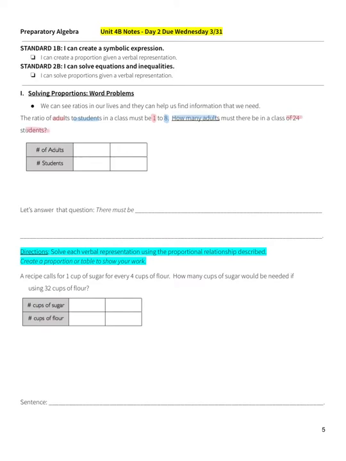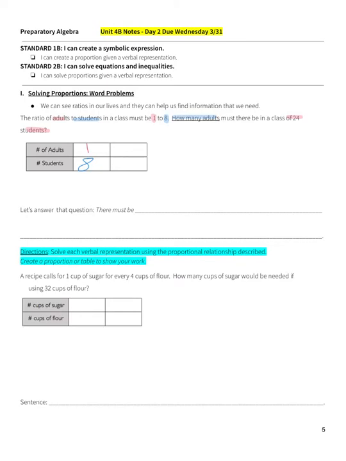We first of all know what it's asking. That's our unknown. So that's what's going to be represented by our variable. But I'm going to take this step by step. So the first thing is we're comparing adults to students. We can see our table right here, adults to students. There must be a ratio of 1 to 8. So that means there must be 1 adult to every 8 students. Now it says how many adults.